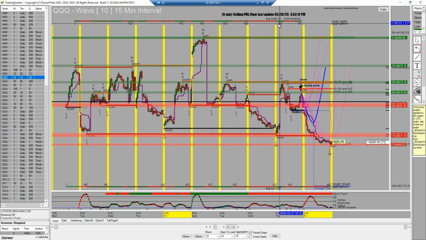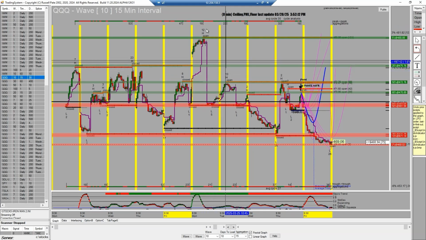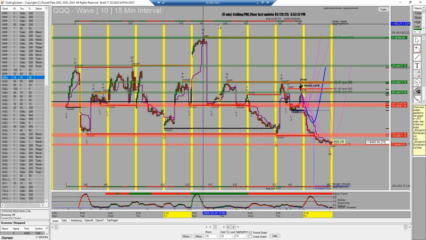What does this cycle analysis do? It counts the number of aggregation from peak to peak. That's all. I hope it's understood what I mean. Right here, it counts the number of aggregation from this H12 to this H30. You can see it's marked right here.